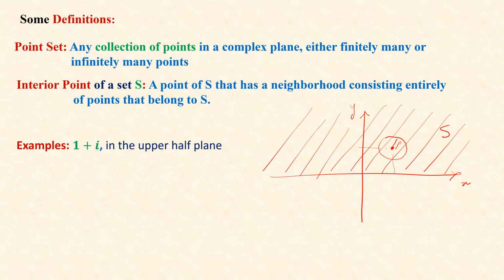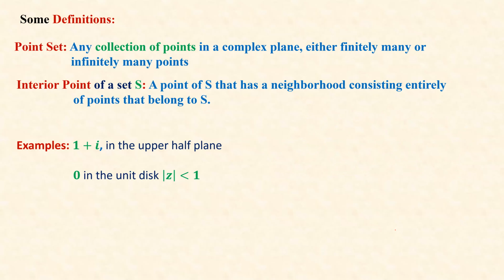All of the points in this neighborhood are points of S. Because that is the case, this point 1 plus i is called an interior point of S. Does it make sense? All right, so this is an example.